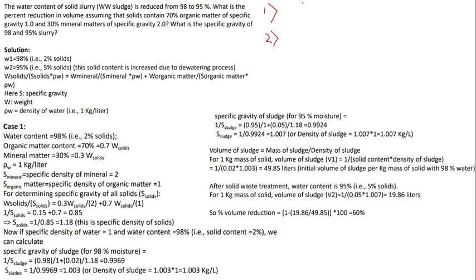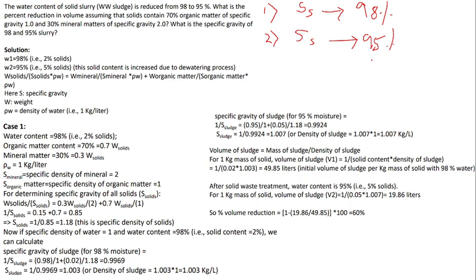One is to find the specific gravity of the slurry at 98 percent water content. The next question is the specific gravity of slurry for 95 percent water content.